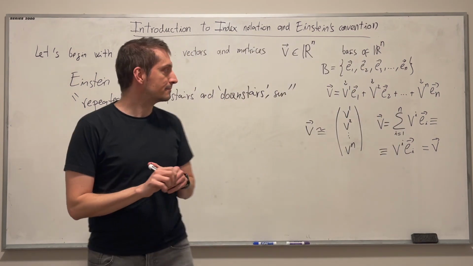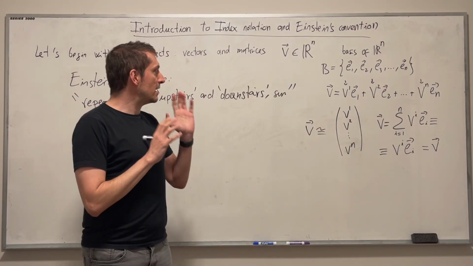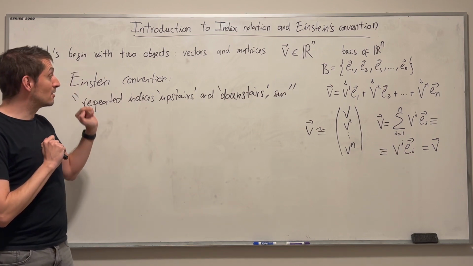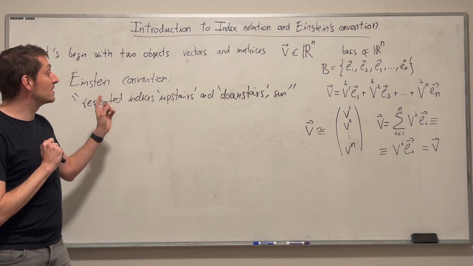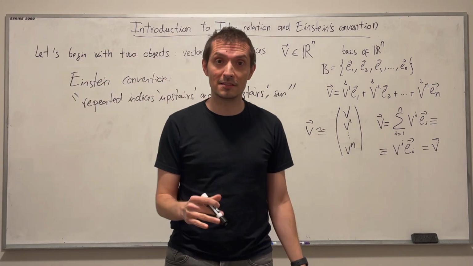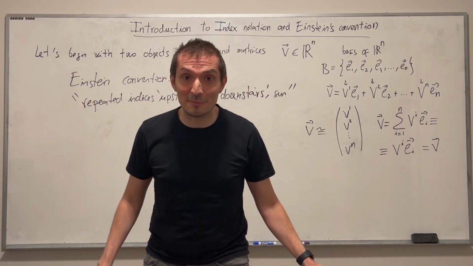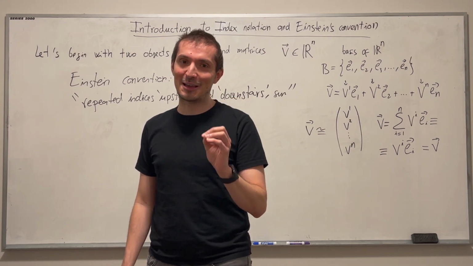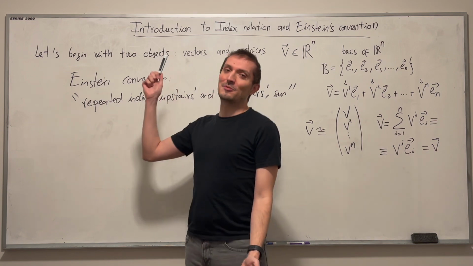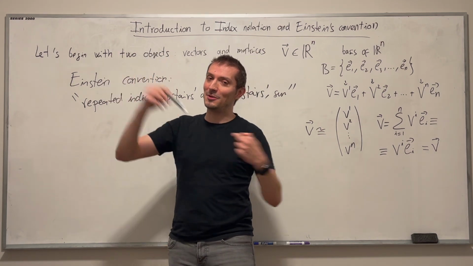Very important is to consider that the Einstein convention only applies when the indices that are repeated are upstairs and downstairs. If you have two subindices downstairs and they're repeated, that is not a sum. That is not Einstein's sum. The proper way of applying the convention is that you have a superindex and a subindex, and they're repeated, they sum.